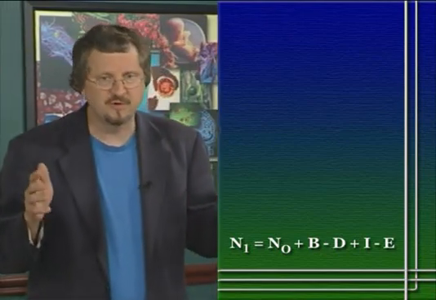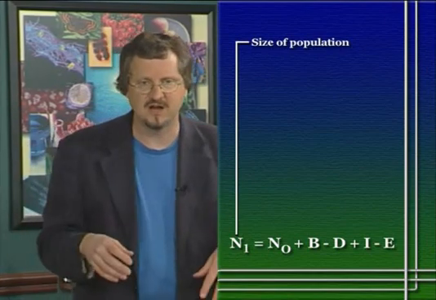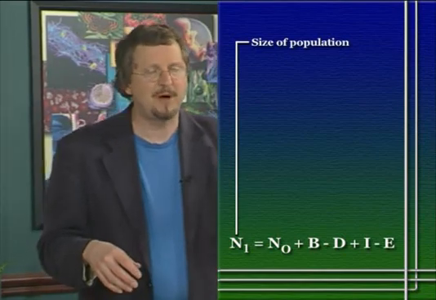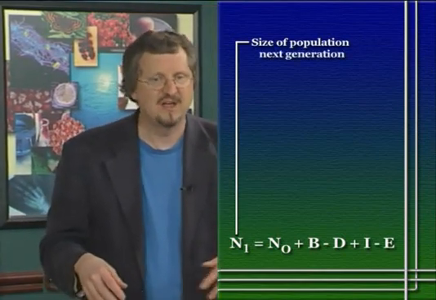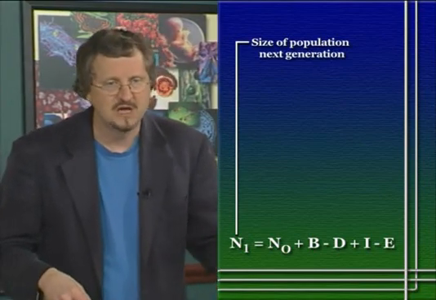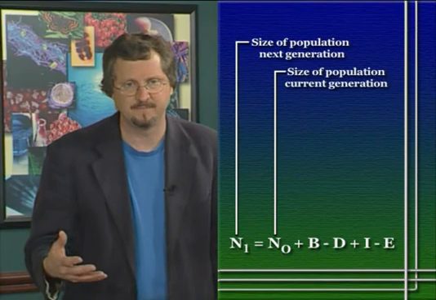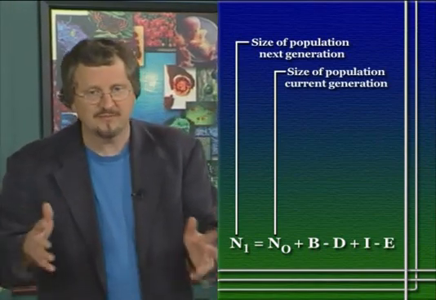N I'm going to use to refer to the size of the population. And I've got two N's in here. I described N sub 1 and N sub 0. By that I mean the size of the population in the next generation. We'll let that be N sub 1. That's the left side of our equation. And the size of the population in the current generation. That's N sub 0.